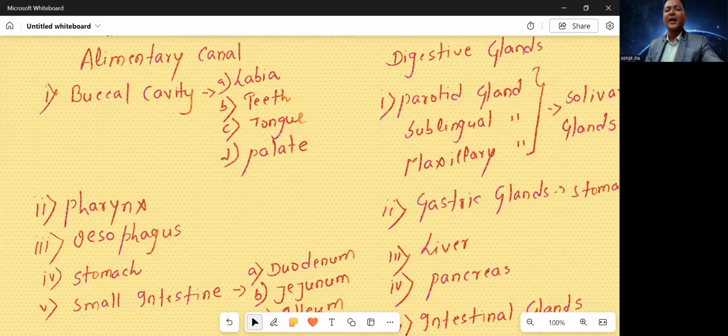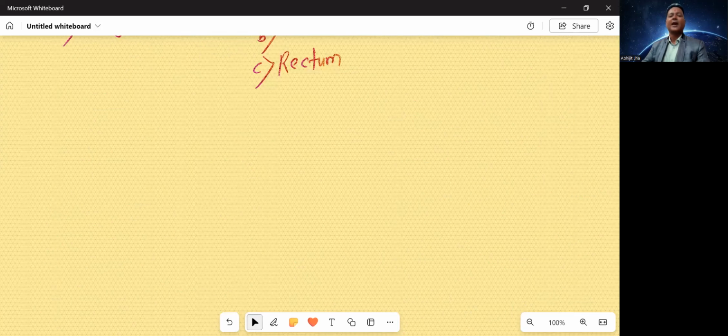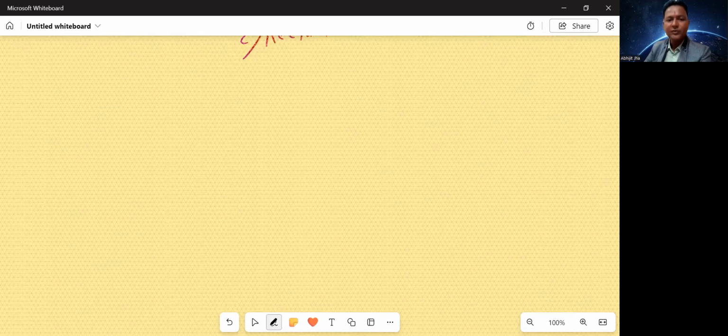Now let's try to make a very simple diagram of the human digestive system. With the help of this diagram, you can easily label different parts of the digestive system. The diagram is a bit tricky, but with practice you can easily draw it.